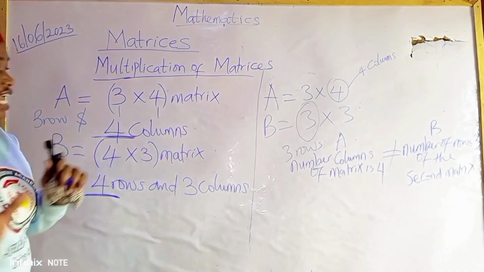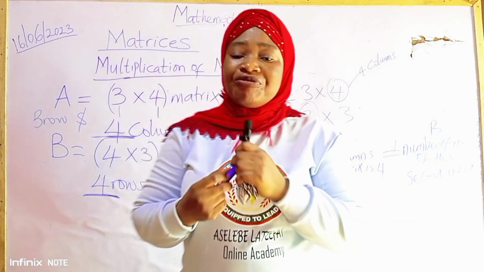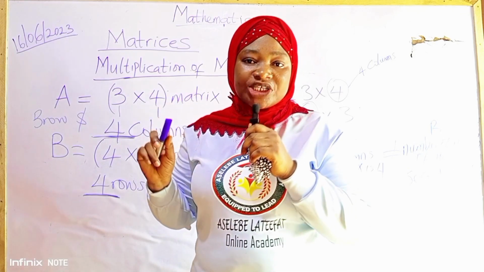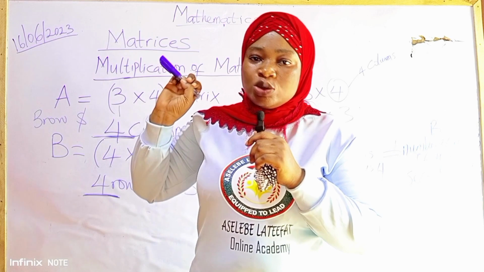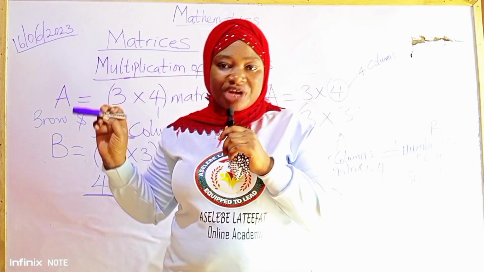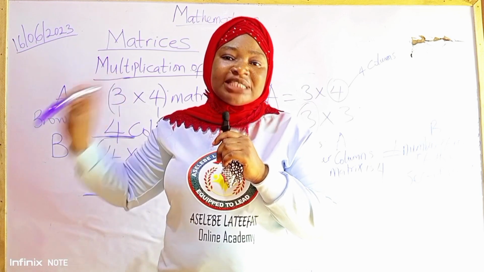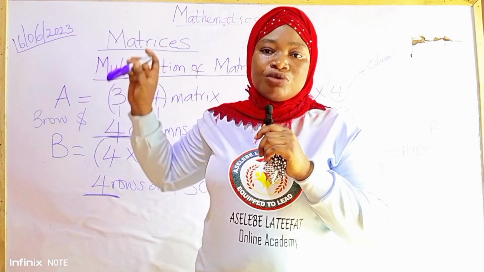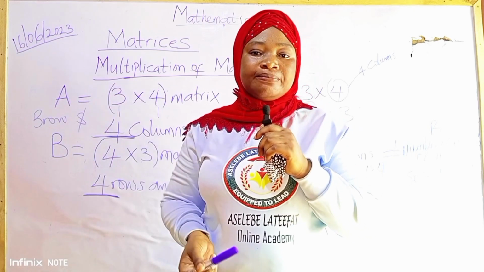So what I'm saying in a nutshell is that for you to perform multiplication on matrices, you check the column of the first matrix. If the number of columns of the first matrix is the same thing as the number of rows of the second matrix, then you can go ahead and multiply them.